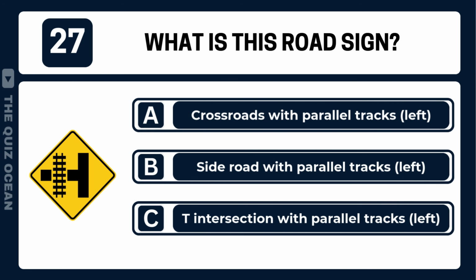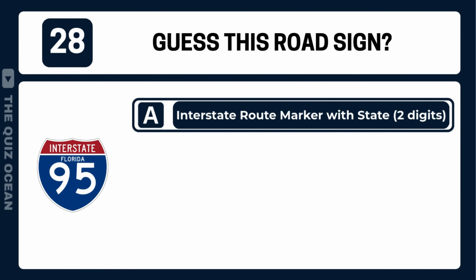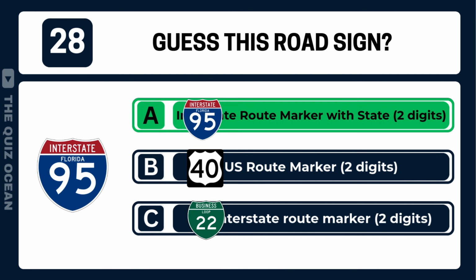The answer is B. Side road with parallel tracks left. Question 28. Guess this road sign? The answer is A. Interstate route marker with state, 2 digits.